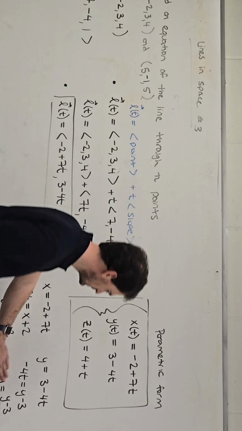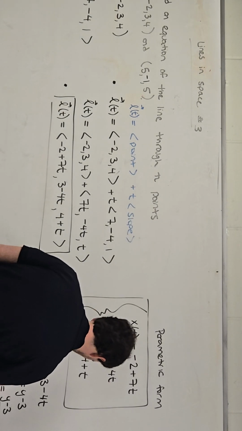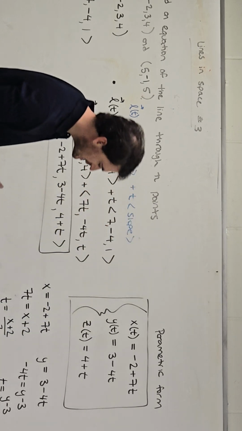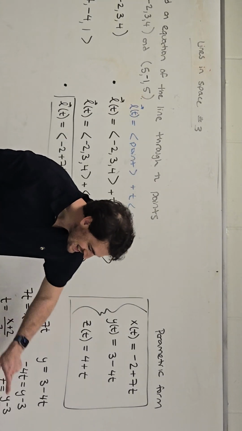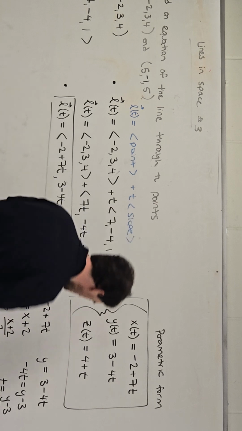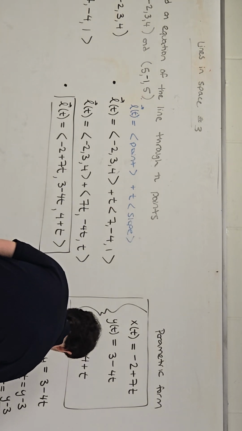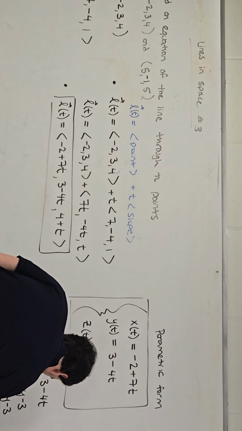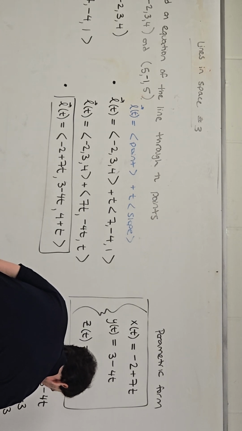Once you've done that, since this is all t equals something, now you can just say t equals the x equals the y equals the z.